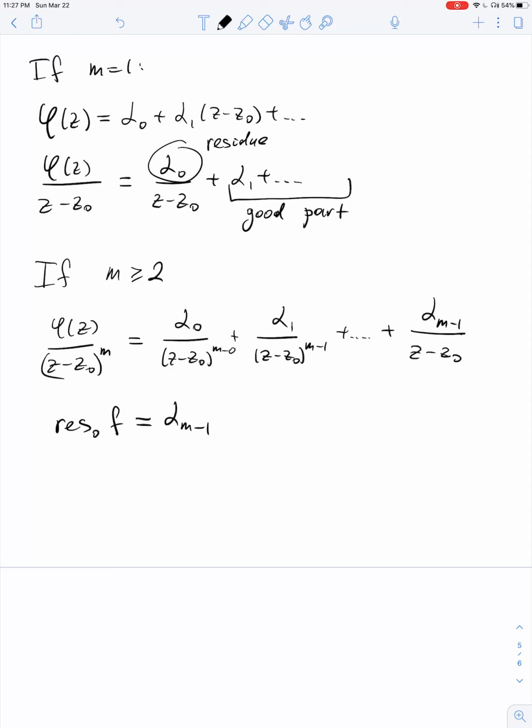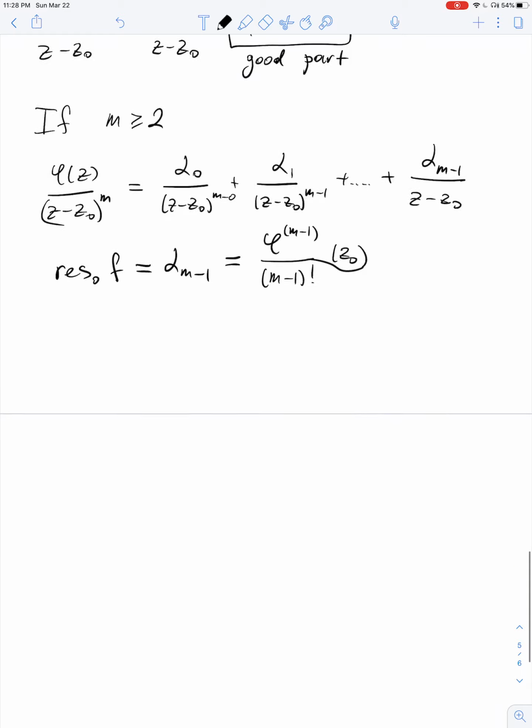And what's alpha m minus 1? Alpha m minus 1 is the m minus first term in the Taylor expansion of phi. And we know that the m minus first term is exactly equal to the m minus first derivative divided by m minus 1 factorial, at z0. So that's just, again, some kind of notational thing.